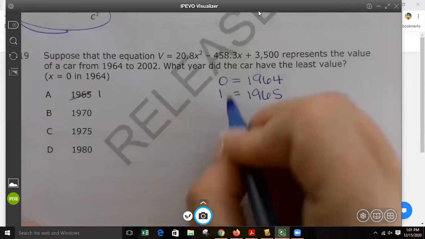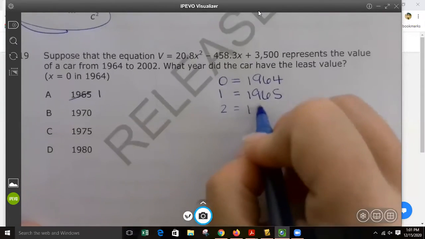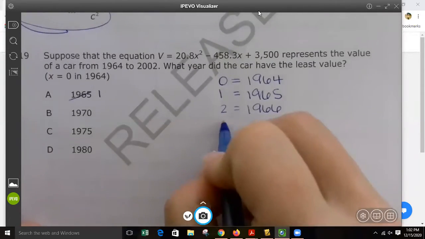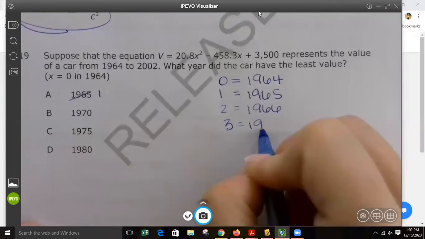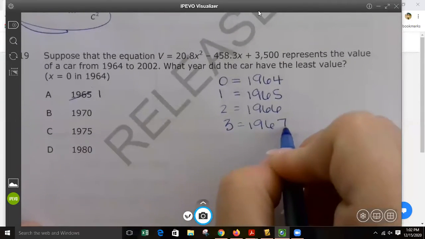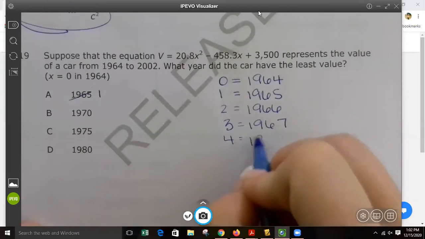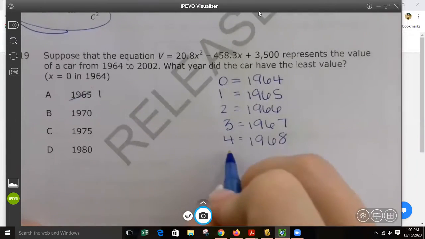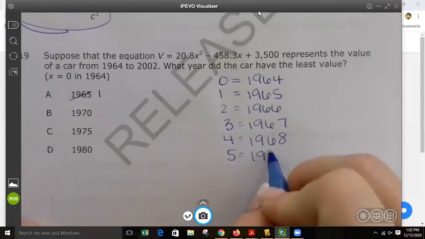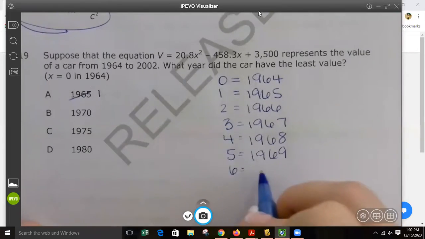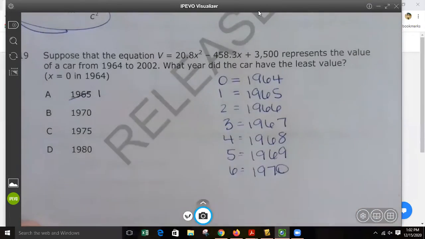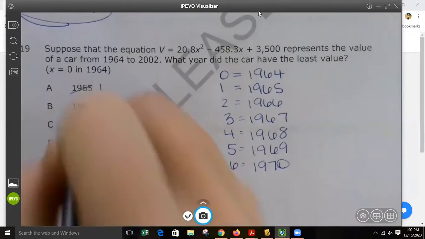So then 2 would be 66. 3 would be 67. 4 would be 68. 5 would be 69. 6 would be 70. That's the next one that I have.